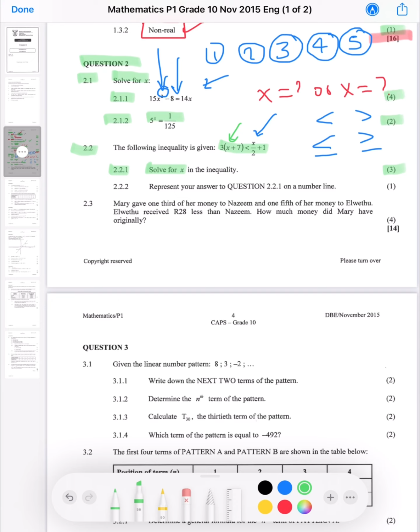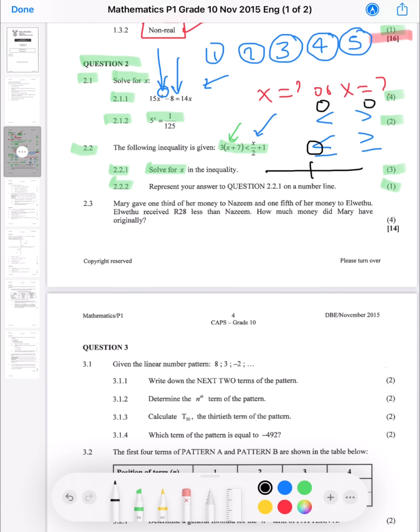So now 2.2.2, they say represent your answer to question 2.2.1 on a number line. So the first thing that you need to do, ladies and gentlemen, you need to know what is a number line. You might be having something similar to that, and then you have a circle over there which is not shaded. So remember, guys, if it's less than, you just have a circle. If it's greater than, you just have a circle.